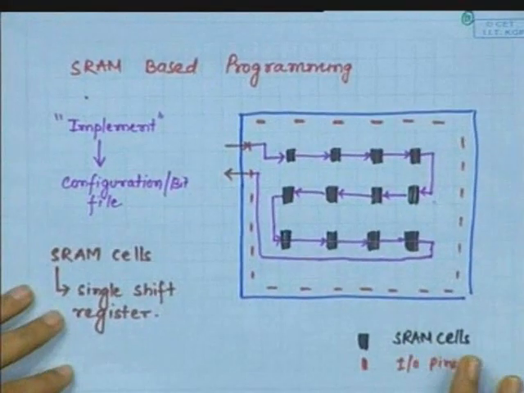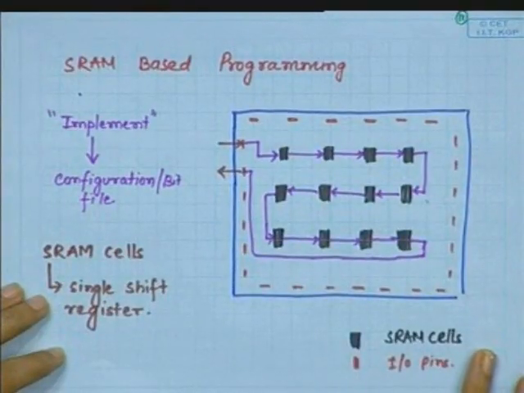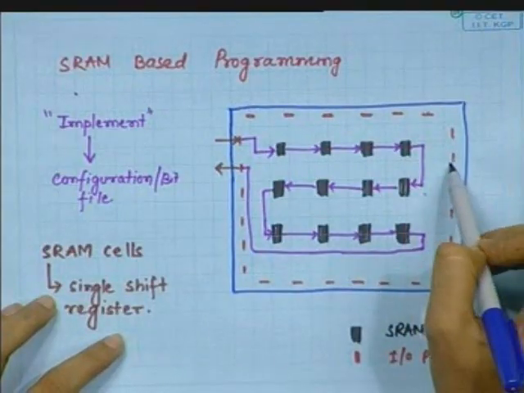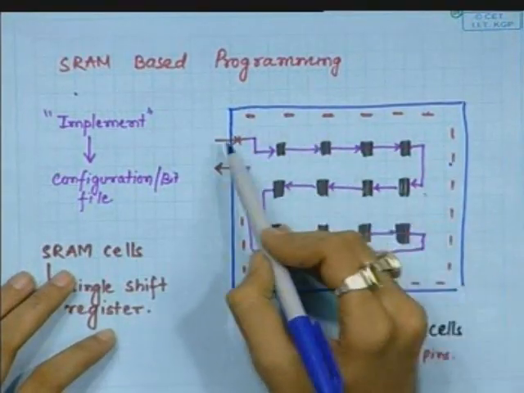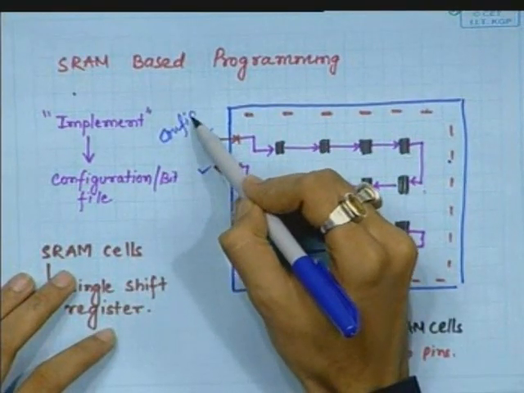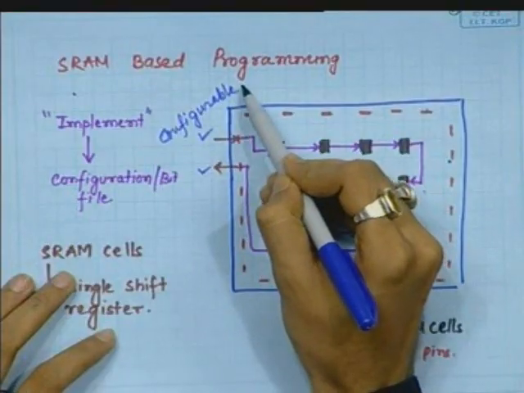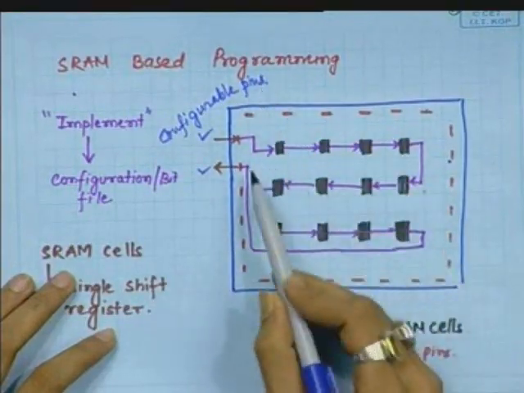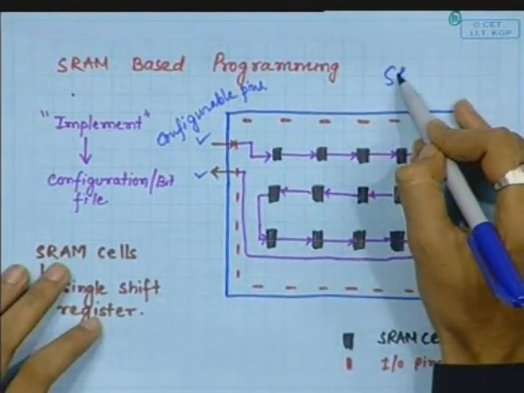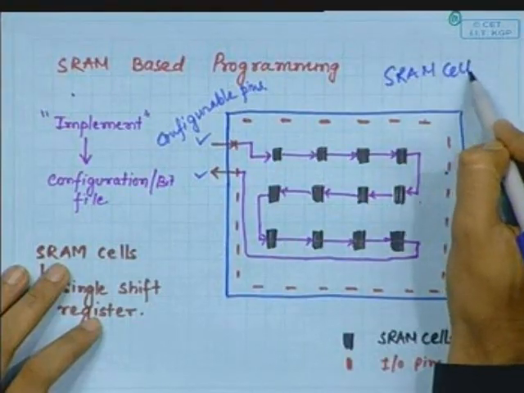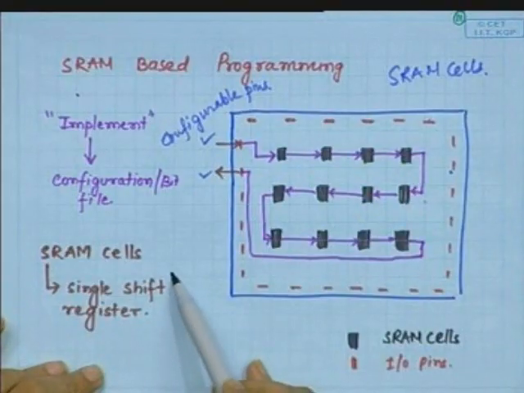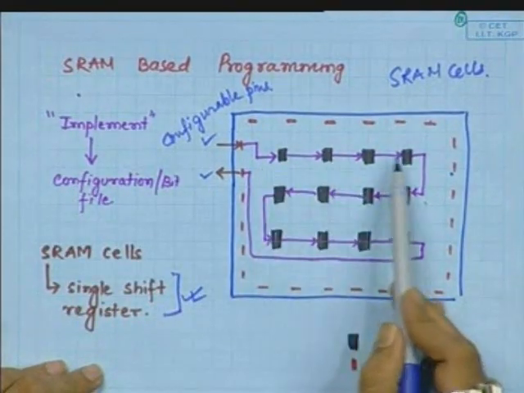Now, how does this SRAM based programming take place? We say that there are some IOBs, input output blocks. There are two configurable pins, which are used to program the SRAM cells. These SRAM cells are basically arranged like a single shift register.